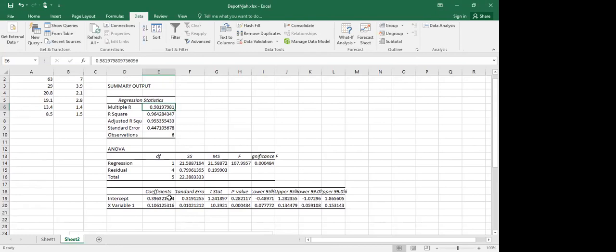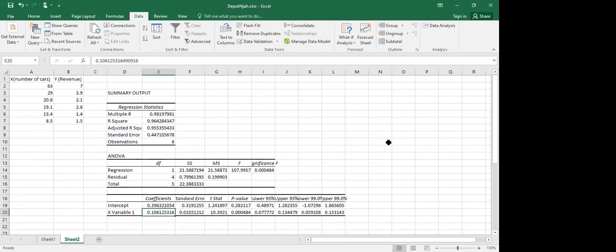And here we have the y-intercept, 0.396 or 0.4, and this is the slope. So you enter your values in Excel and run the regression to get the intercept and the slope.